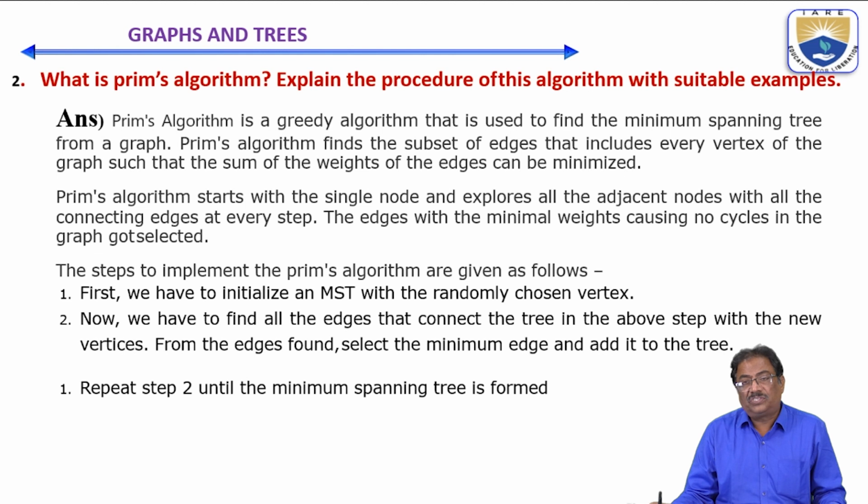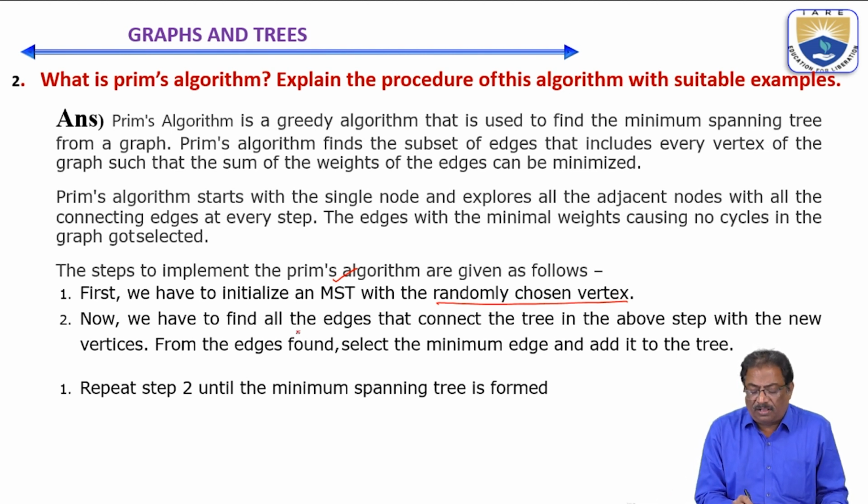First, we have to initialize a minimum spanning tree with a randomly chosen vertex. Now, we have to find all the edges that connect to the graph in the above step.